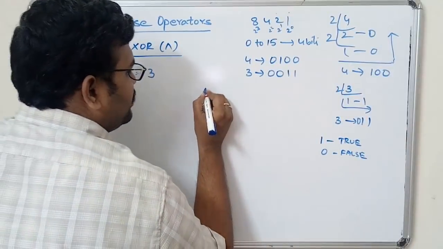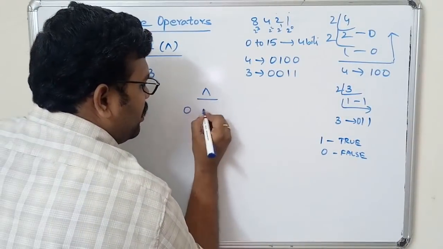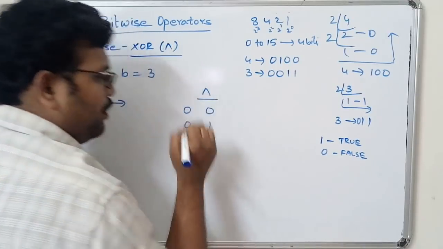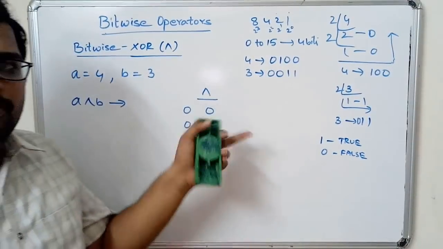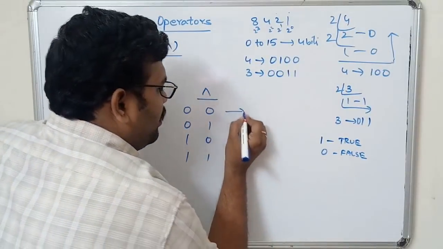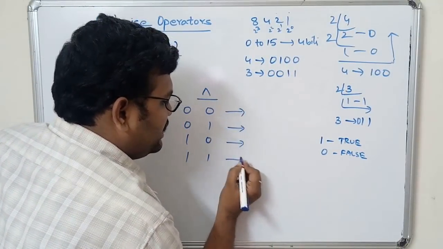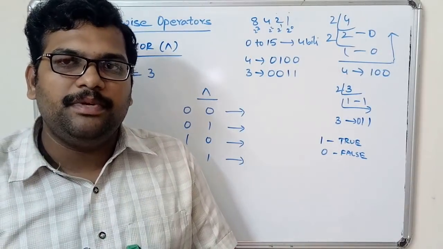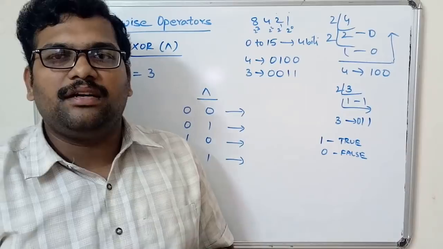Here in this XOR operation, let us write the combinations 0 0, 0 1, 1 0, 1 1. So only 4 combinations will be there for 2 bits. Here there is a rule: one must be true and another must be false, then only the resultant will be true.